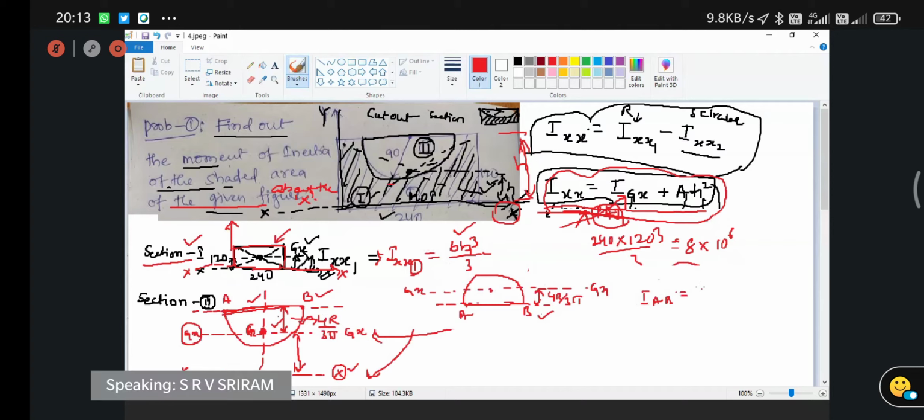Now let us find the moment of inertia about the central axis.